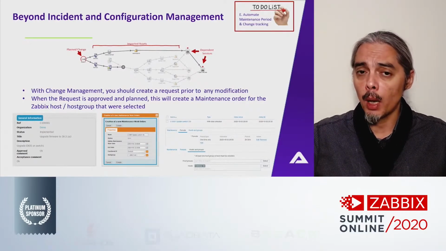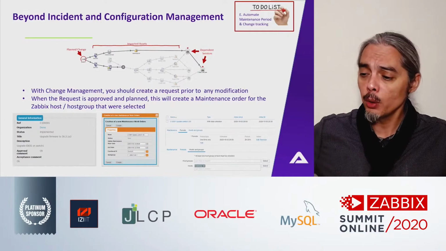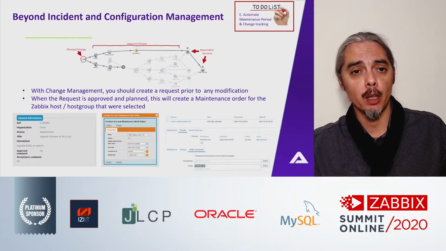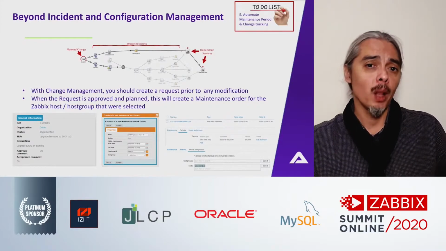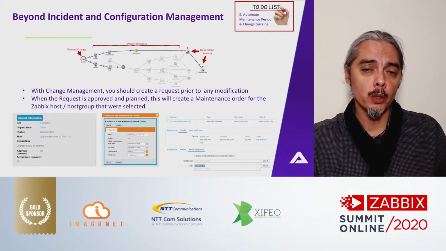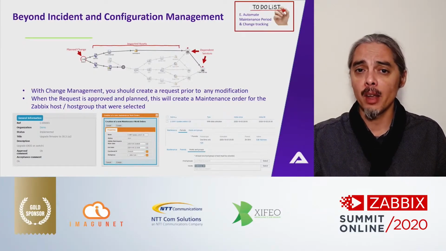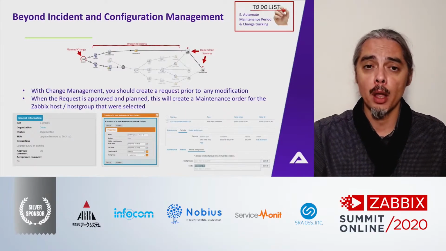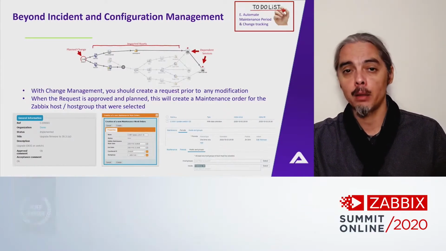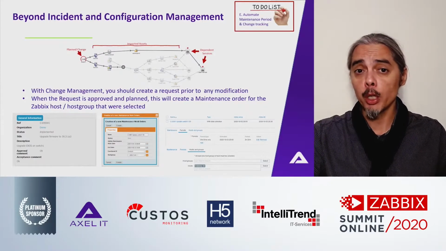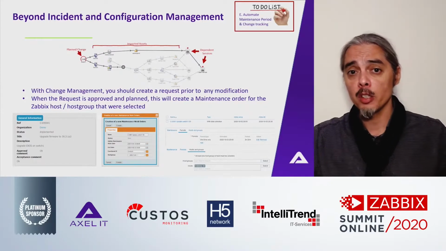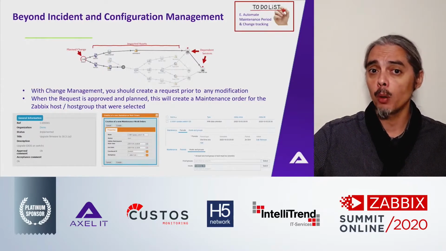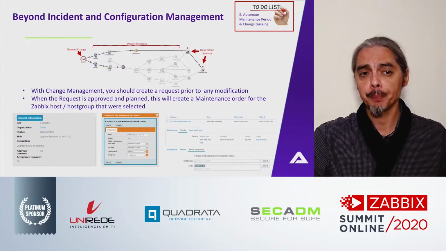And to finish our last use case, one of the things you might remember from the plan change diagram that I presented earlier is that, in change management, once you have that deployed, basically anytime you do anything on the infrastructure, you should log a change, and that should be reviewed, planned, and approved, notably to make sure that your change is not going to collide with some other supplier or some other team also performing work at the same time.